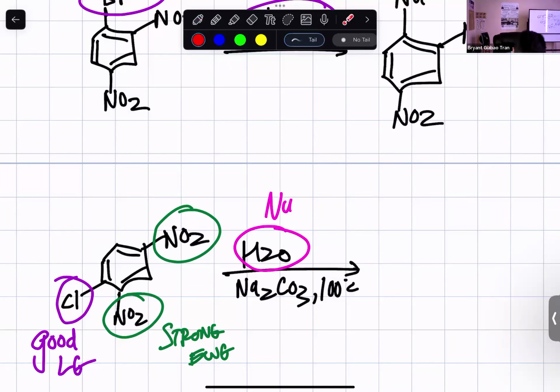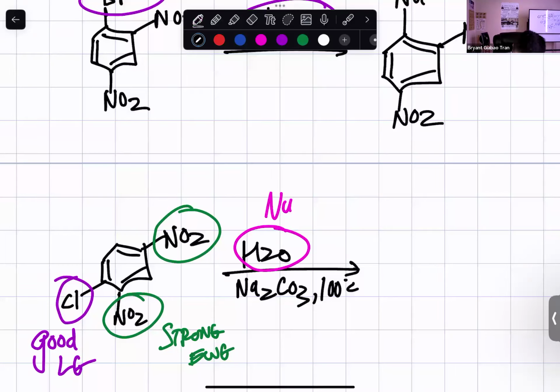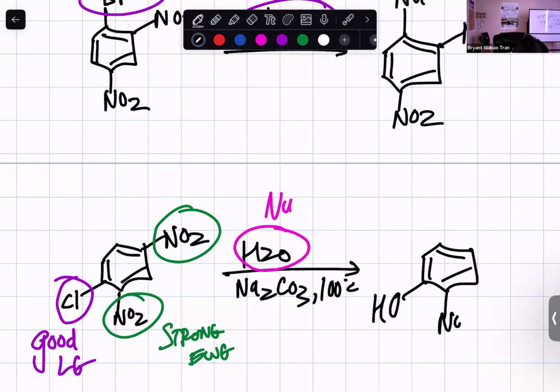So this fulfills all of the requirements for nucleophilic aromatic substitution. So that's going to substitute the good leaving group with the nucleophile. So it's going to be OH right here, right? And NO2s will stay the same.